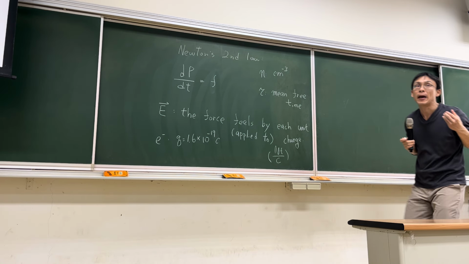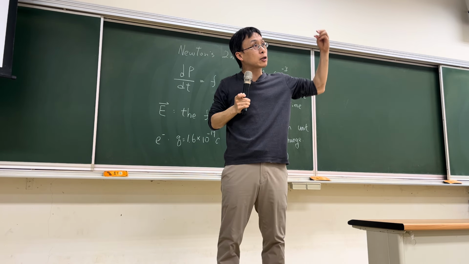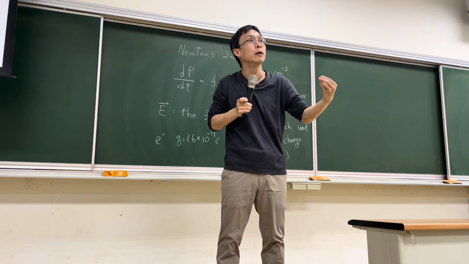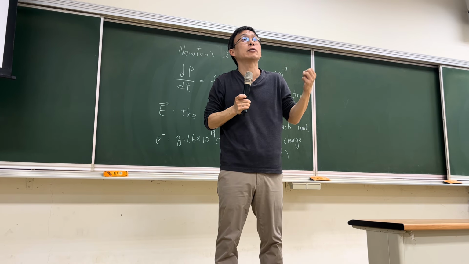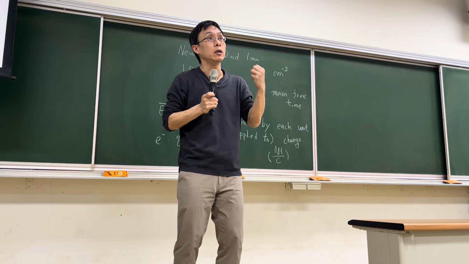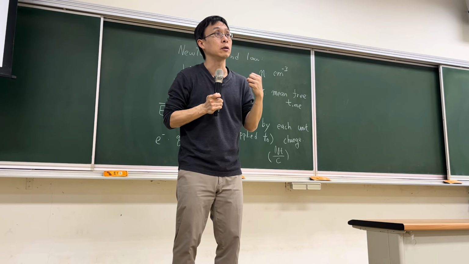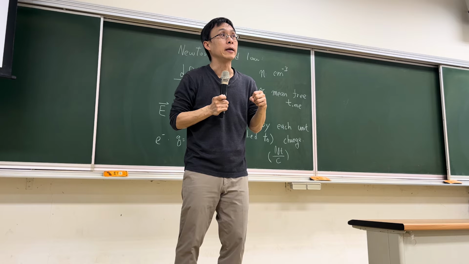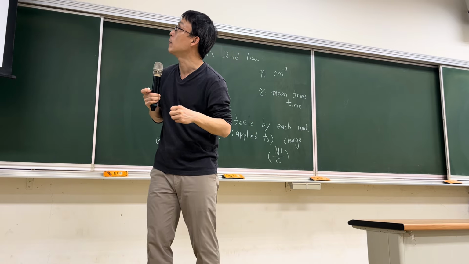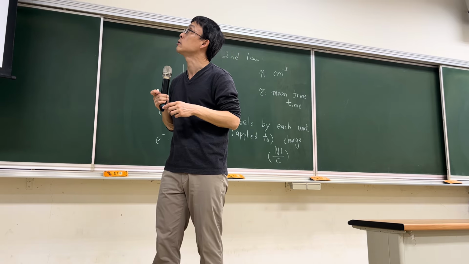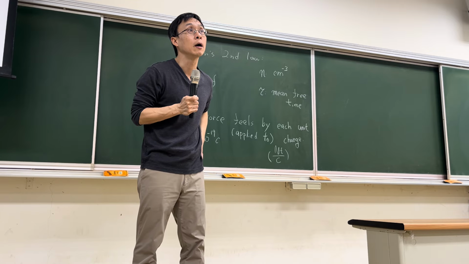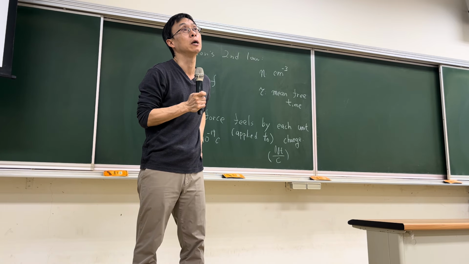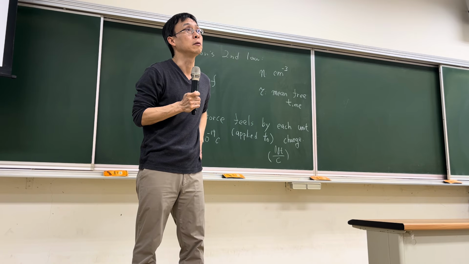So imagine you have many electrons inside a semiconductor, and without any electrical field, each electron will travel in a very fast velocity. And this velocity can be as high as how much? 1.6 times 10 to the 6 meter per second. 每秒160万公里, super fast, right?